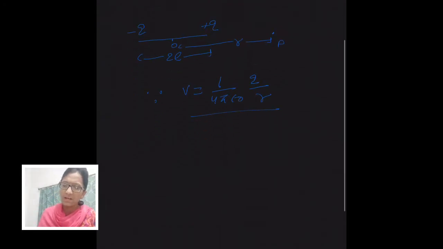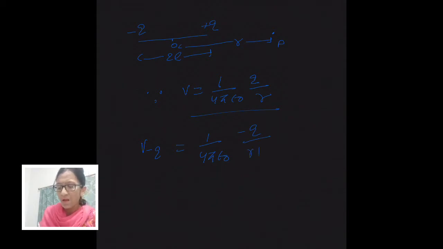So let us start. Potential due to minus q charge is equal to 1 upon 4 pi epsilon naught, minus q upon r plus L. The length between minus q and point P is r up to the center plus from the center up to the position of minus q, that is L. So this is the potential due to the minus charge.